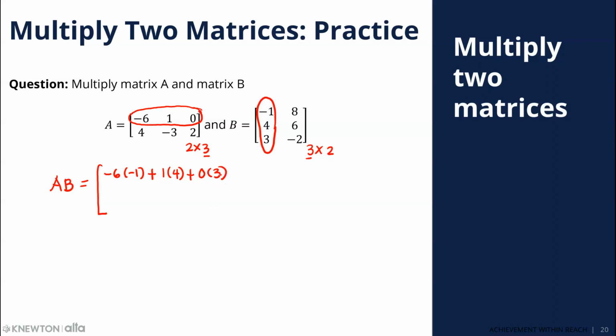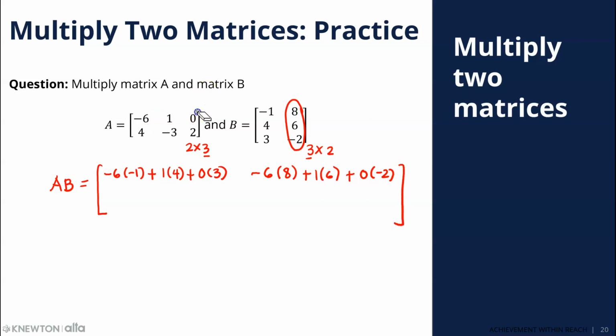And then you do the same thing for the second entry. So you multiply the first row by the second column here. So you have negative 6 times 8 plus 1 times 6 plus 0 times negative 2.